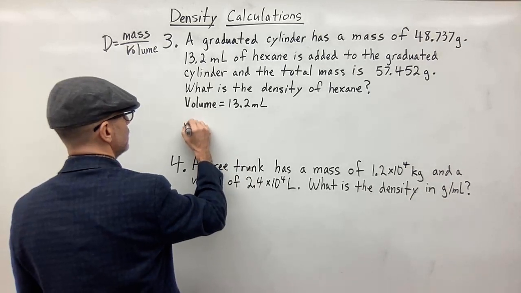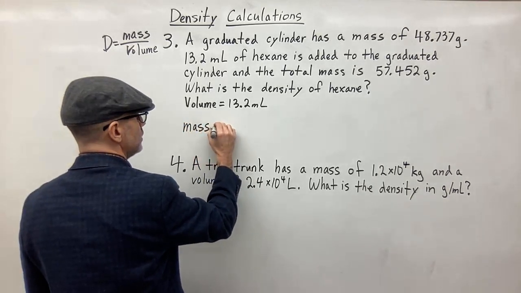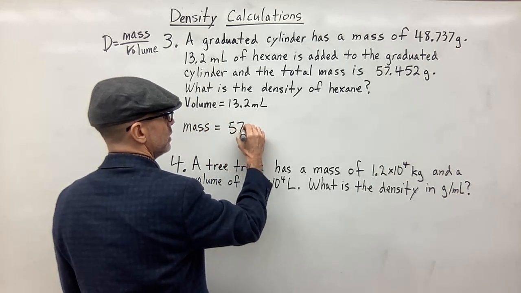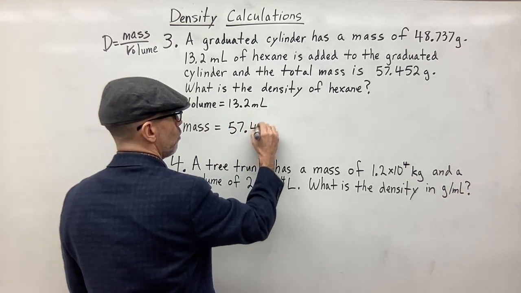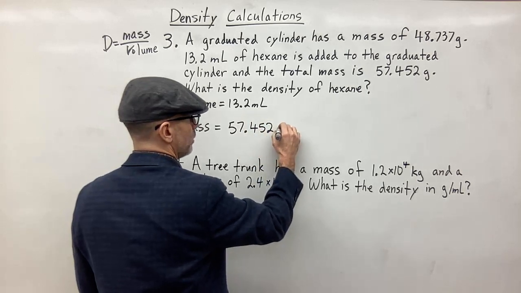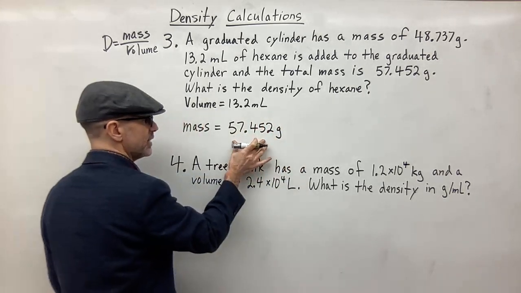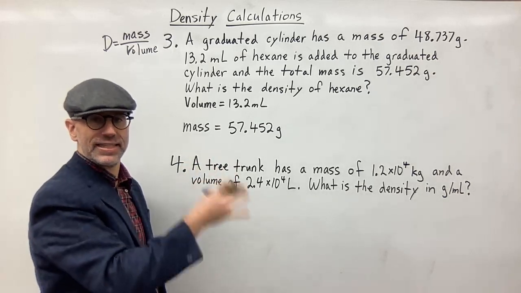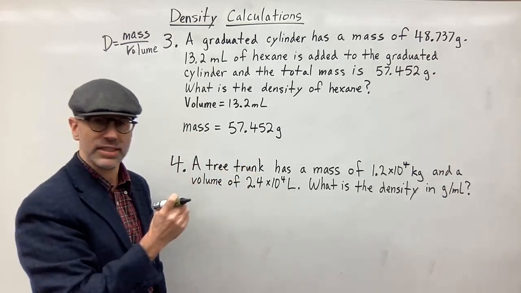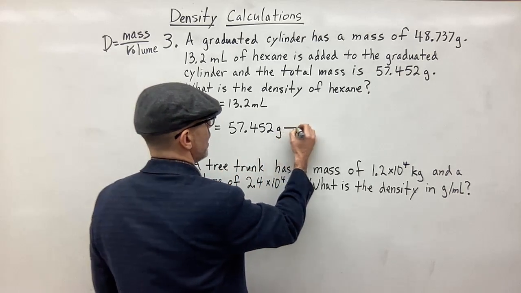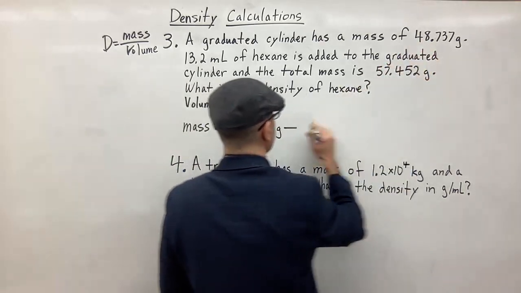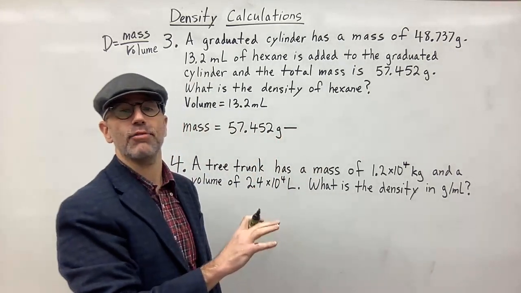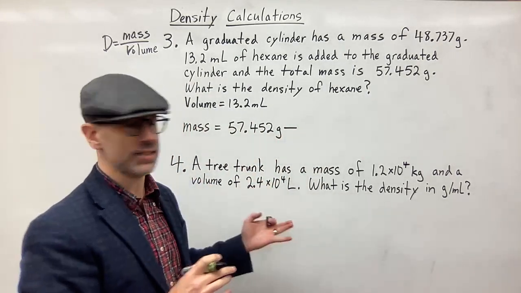So the mass of the hexane is going to be equal to 57.452 grams. That's the graduated cylinder with the hexane. We need to subtract out the mass of the graduated cylinder so we can get the mass of the hexane.